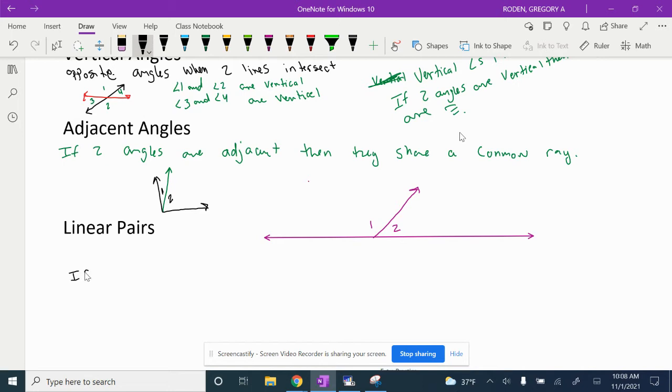Let's do it in a conditional statement. If two angles are supplementary, which means they add up to 180 degrees, and adjacent, then they are a linear pair.